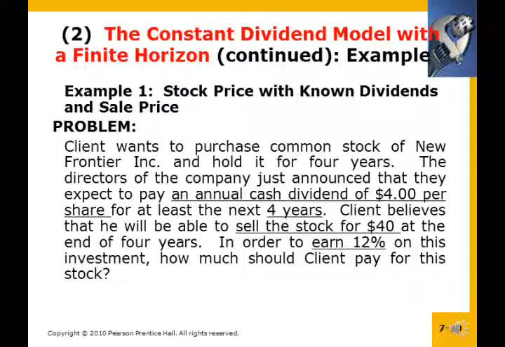Yes, you have a maturity date. You have 4 years. And you have the selling price, which is the future price, equal to $40. Then you have to apply the rule of the second model, which is the constant dividend model with finite horizon, which is the same as the rule of pricing a coupon bond. How to apply it?